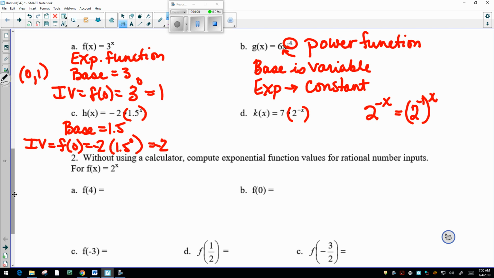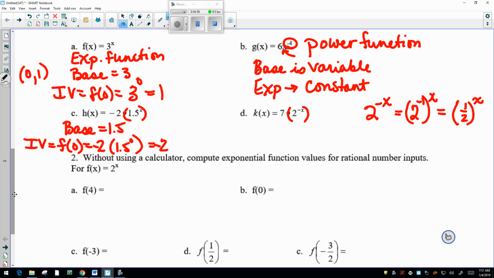Negative 1 times x would give me negative x, so those two things are the same exact expression. Now I want to think, well, what does a negative exponent do? A negative exponent, I always think, does the reciprocal of what the number actually is. So the reciprocal of 2 is 1/2. And now your exponent is positive, so it's 1/2 to the positive 1 raised to the x.